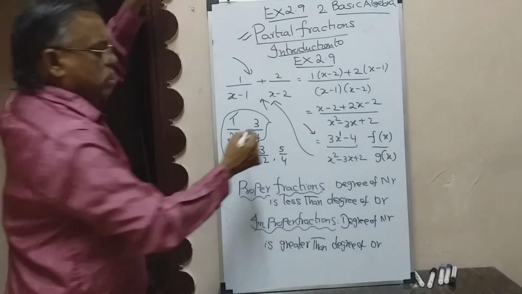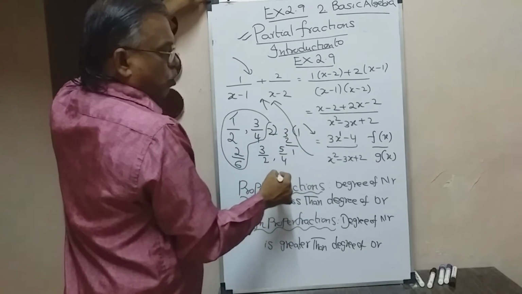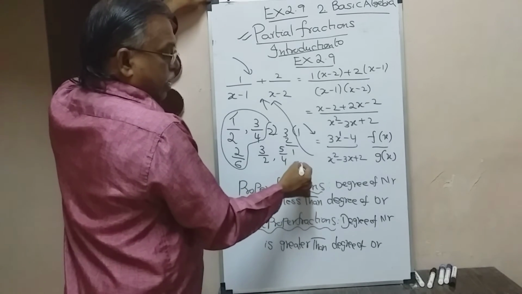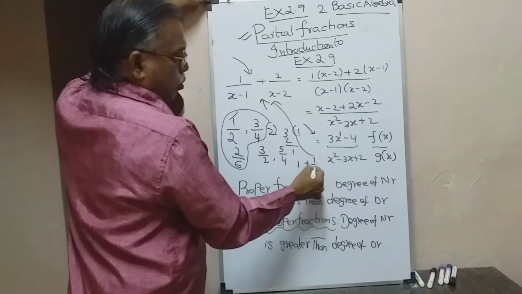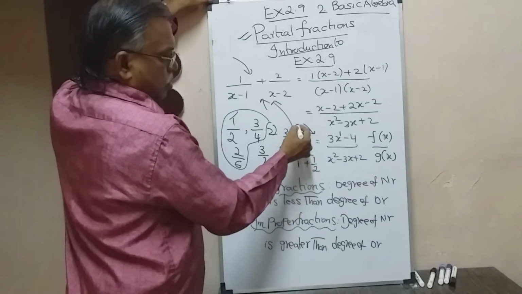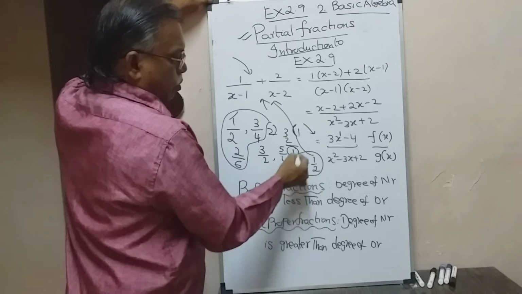For example, 3 by 2. How will you divide 3 by 2? 2 ones are 2, remainder 1. So what will I write there? 1, right? Then 1 plus 1 by 2, I can write like this. The remainder over the divisor gives 1 by 2.